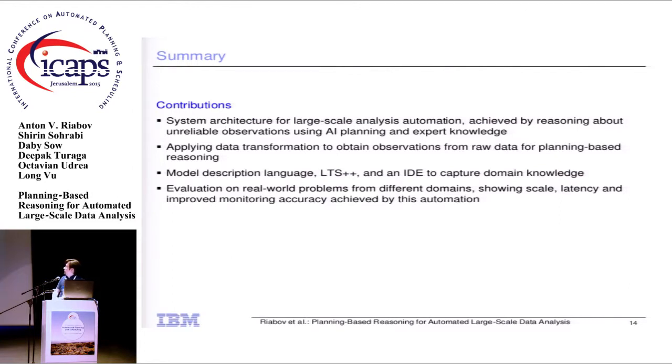To make the system work, you need to develop data transformations that receive observations from raw data, and we've developed those kind of transformations for 2 domains. We also developed a description language for models and the development environment to capture domain knowledge. And we've done evaluation in 2 domains showing that it scales, and we received pretty positive feedback from the doctors that we've talked to in the healthcare application.